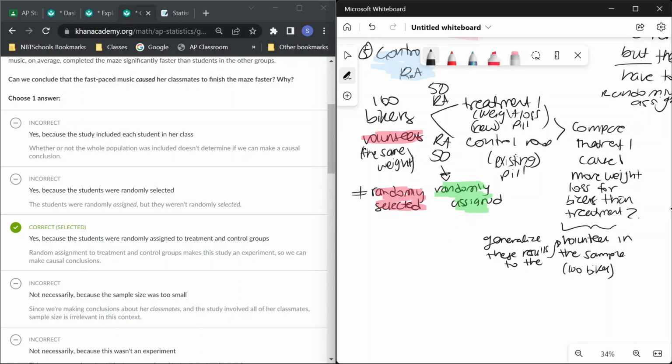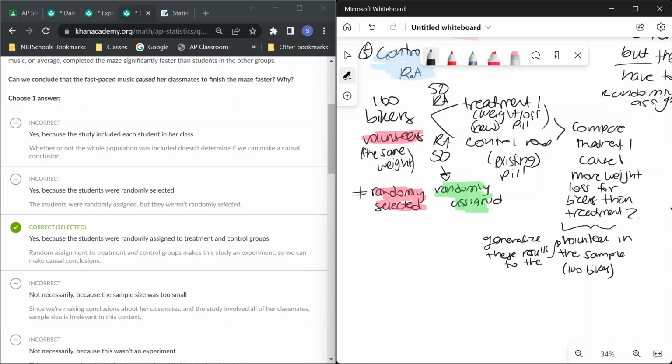So we can say that in the 100 bikers, treatment 1 caused more weight loss than treatment 2. But we can't say that treatment 1 causes more weight loss for the whole population of bikers, like for all bikers, than treatment 2.